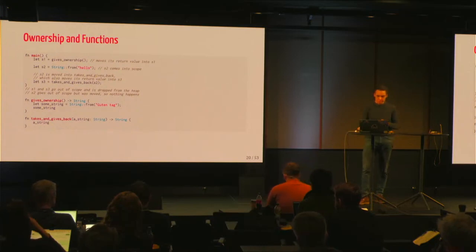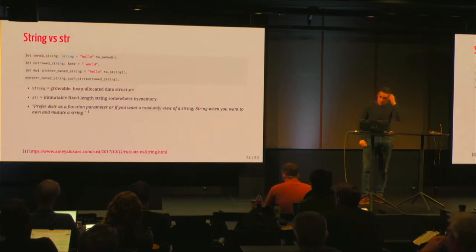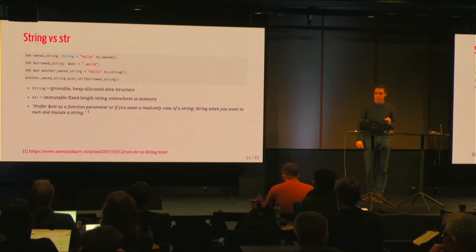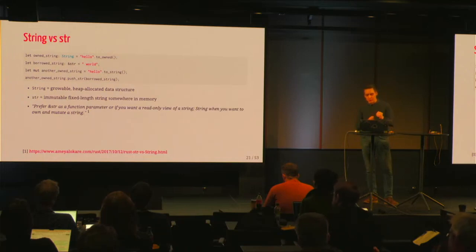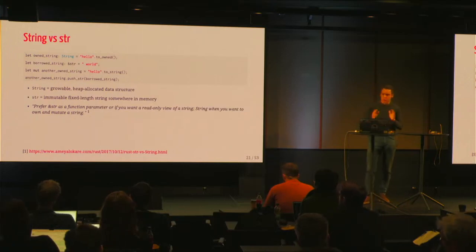And then we have a slide here on the String versus str types, because there are two string types in Rust. And the String one is the complex type, this growable heap allocated data structure, while the str is this immutable fixed length type that lives somewhere in memory, compiled into the binary.